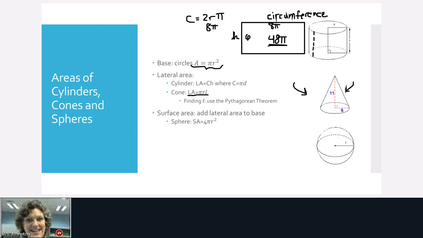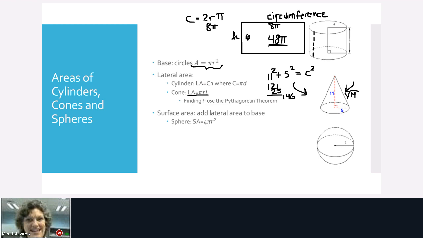Remember, that's a squared plus b squared equals c squared, and I'm again looking for c. So 11 squared plus 5 squared is going to equal the hypotenuse squared, which in this case is the slant height. 11 squared is 121, and if I add that to 25, I end up with 146. 146 is not a perfect square, so I'm simply going to put square root 146 over here.